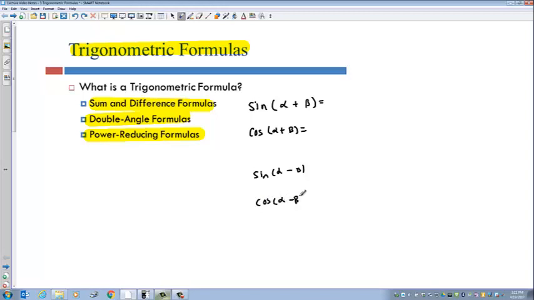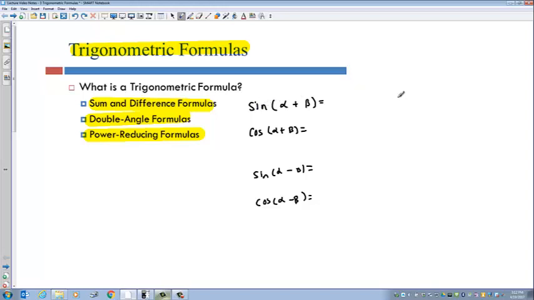I want to talk a little bit about how I memorize these, even though I'll give these to you on a formula sheet for the final exam. I would like for you to have a way to memorize them because it does help. The way that I typically memorize these is there's something the same and there's something that's opposite. When I look at the sine, I think the sine has the same sign, but something's opposite.